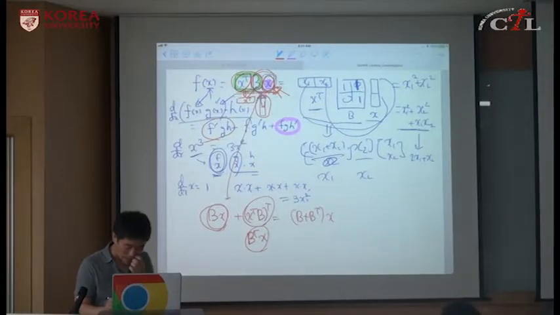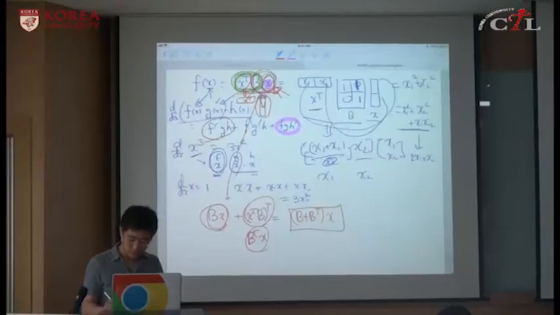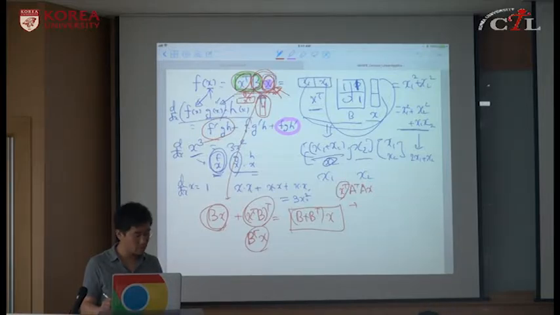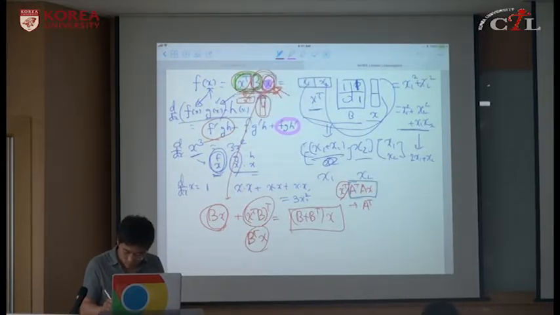Okay, so keeping that in mind, we are now ready to compute the gradient of this guy. Okay, so X transpose A transpose A X, what is the gradient? So in this case, if we view this guy as our variable, and this part, this guy is our B, right? And so the result will be A transpose AX, corresponding to this BX.